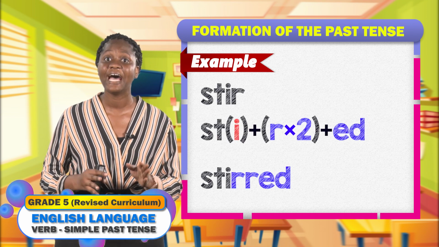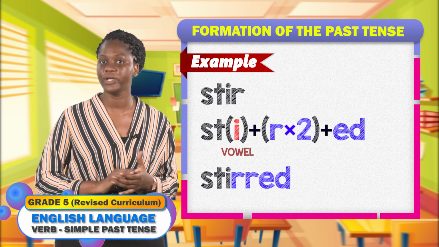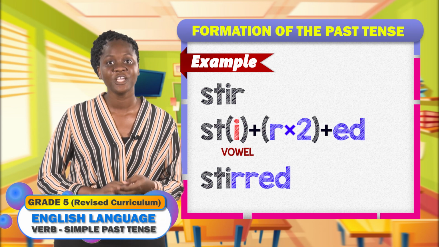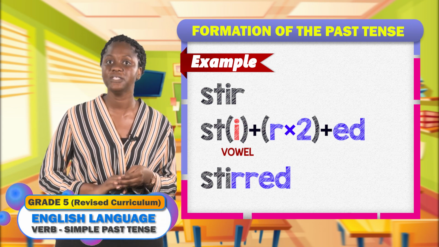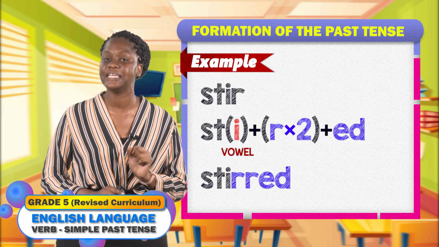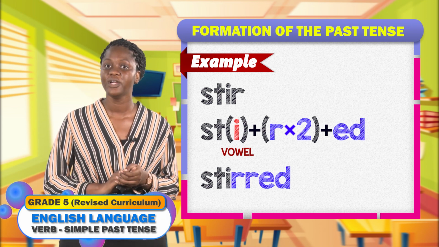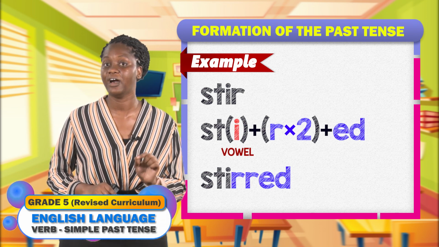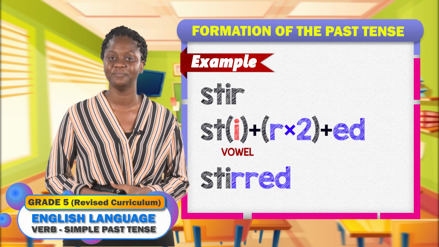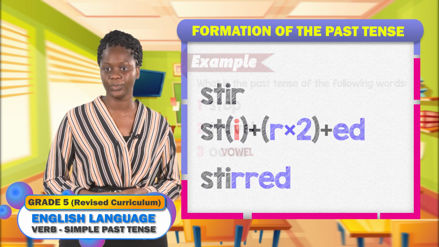I. I is a vowel. So that means to form the past tense of stir, we must double the R before adding ed. Therefore, stirred is spelled S-T-I-R-R-E-D.